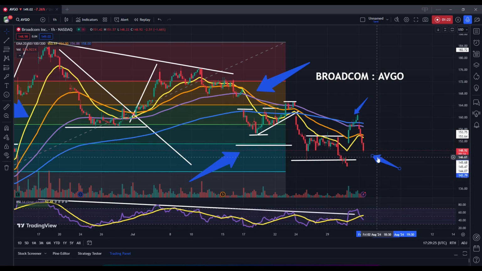In the prior video on Broadcom, one thing that I pointed out was the fact that we were seeing this share price decline through support levels before this price gap higher. For this reason, I was suspicious of the possibility that these current rallies were a bit unsustainable, because we're seeing a lot of breakout activity in both directions.